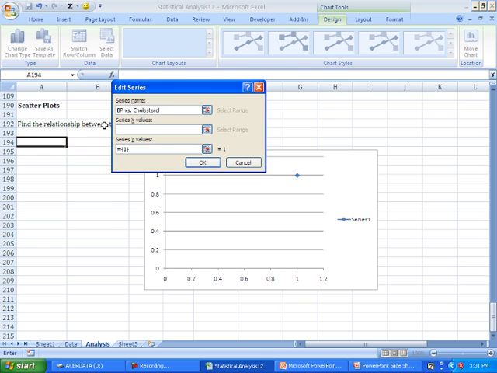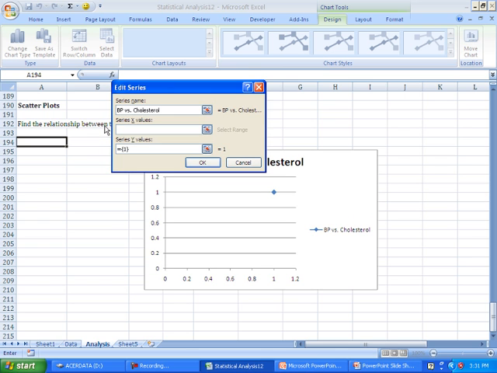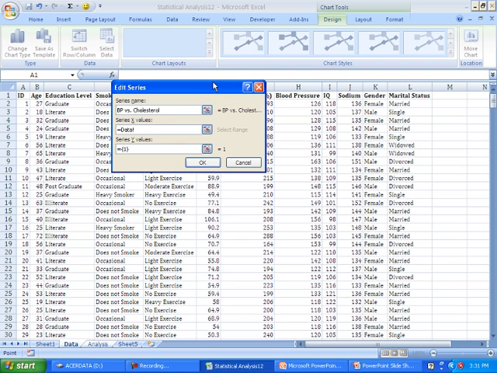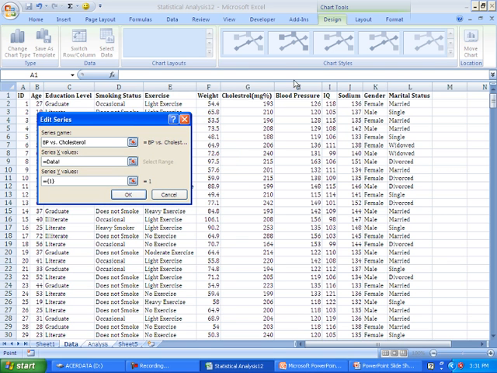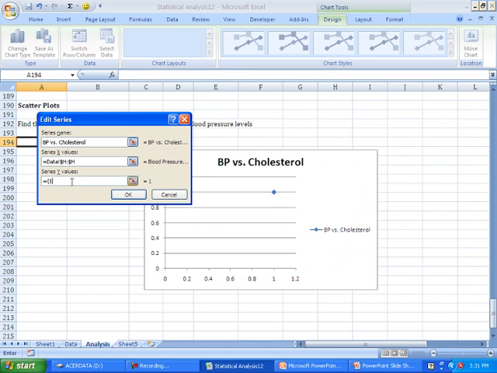I'll take one of them on the x-axis and the other one on the y-axis. So let me take the blood pressure values on the x-axis, and probably the cholesterol values on the y-axis.